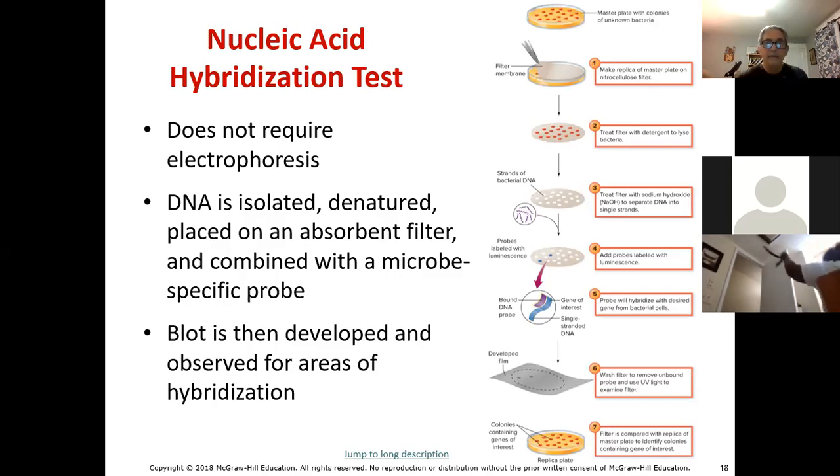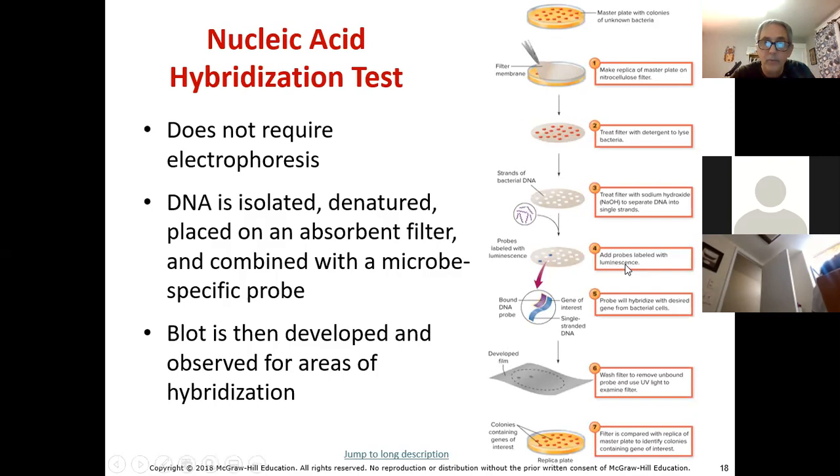So, a nucleic acid hybridization test. You start with a plate with unknown bacteria, put a filter membrane on it, transfer the colonies to the membrane, and then you treat it with a chemical to separate the DNA into single strands.